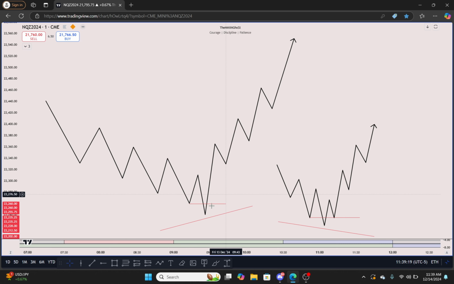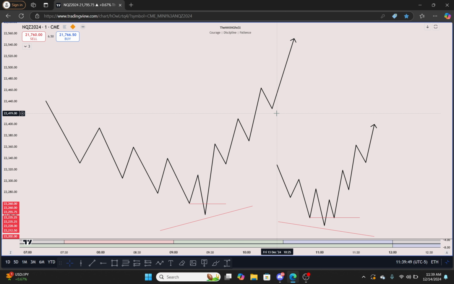Okay, there was SMT between ES and NQ on this day. We're going to go in and look at it on the chart. But this is the schematic. We have realized we're in a bearish retracement lower to fill a higher time frame bullish PD array for us to then deliver higher prices.